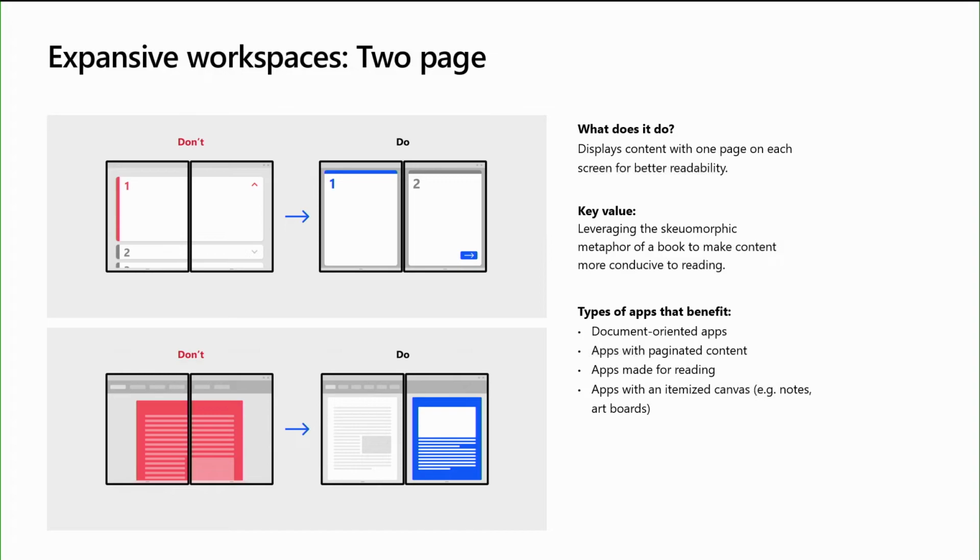So why not support such a scenario with your app? This pattern is especially interesting for those apps that already support paginated scenarios. Doesn't it make sense to utilize the two screens rather than having a seam running down the middle of your document? Here's a simple sample that shows you how this pattern might work.